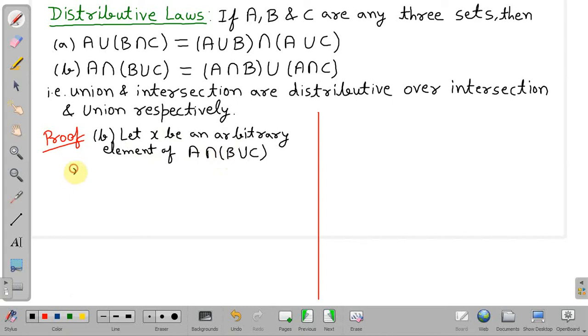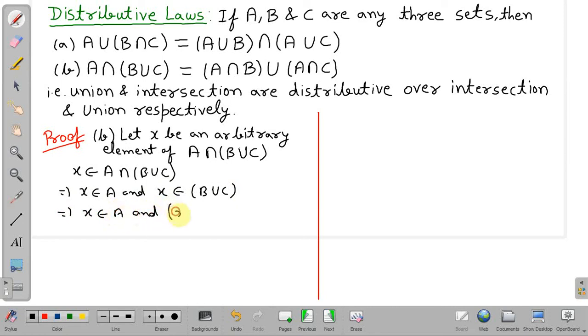So we can write this as x is an element of A intersection (B union C). So x is an element of A and x is an element of B union C, and this can be written as x is an element of set A and (x is an element of set B or x is an element of set C).